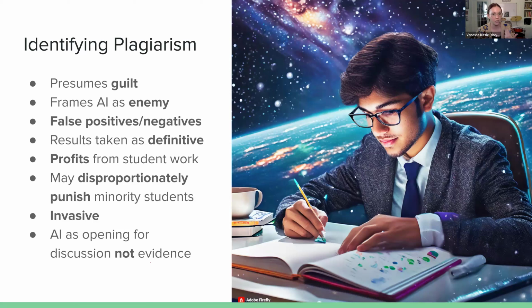Some people who aren't actually cheating are then going to have to go through the whole adjudication process of being accused of plagiarism. Results are often taken as definitive, even though they are not. Software like Turnitin also profits from student work because it uses it for its training model. It may disproportionately punish minority students.